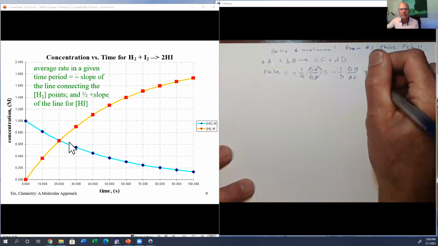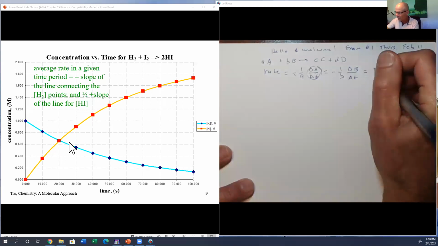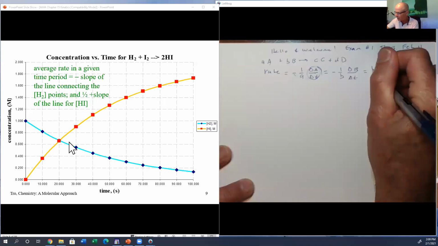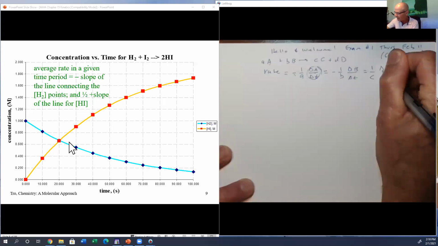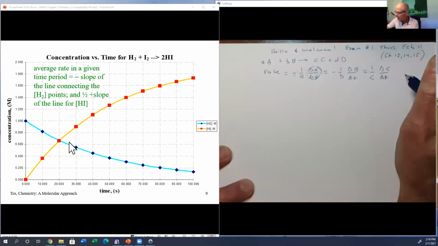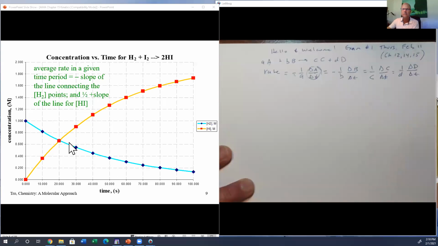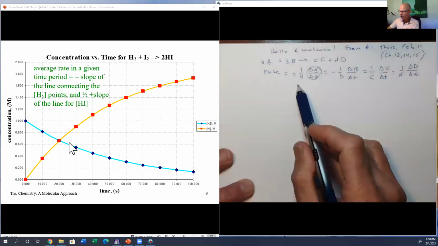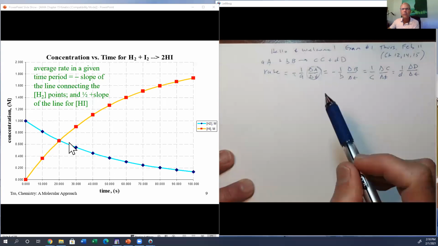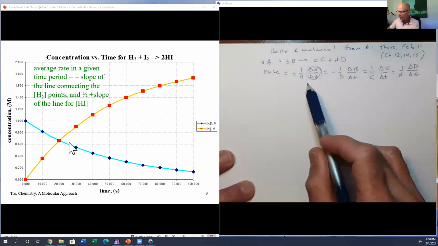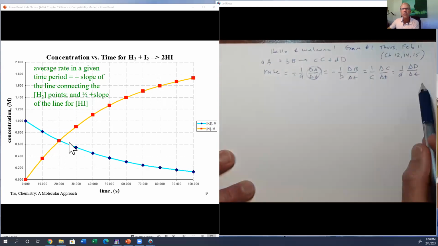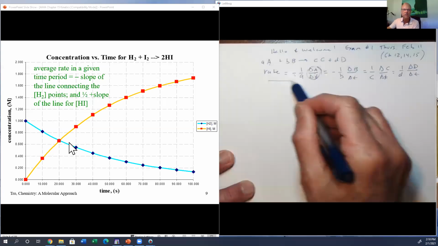If we're defining with respect to products, we have no negative sign, but we still need the stoichiometric coefficient: 1 over c delta C over delta t is equal to 1 over d delta D over delta t, right? So you can define your reaction rate with regard to any reactant or product, according to this definition.